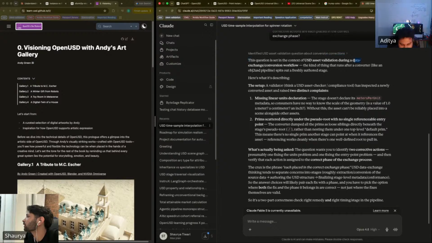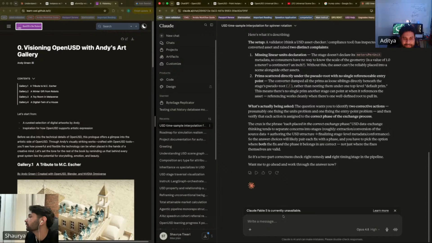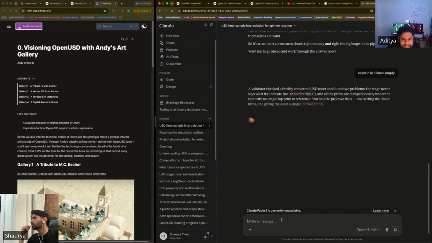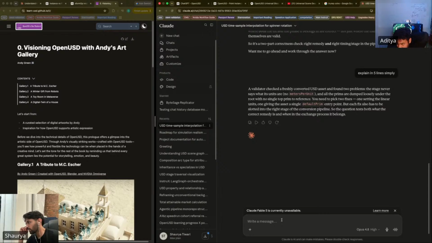This question is set in the context of, bruh. Explain. I'm not going to read all this. A validator checked a freshly converted USD asset and found two problems. The stage never says what its units are, no meters per unit, and all prims are dumped loosely under the root with no single prim to reference.